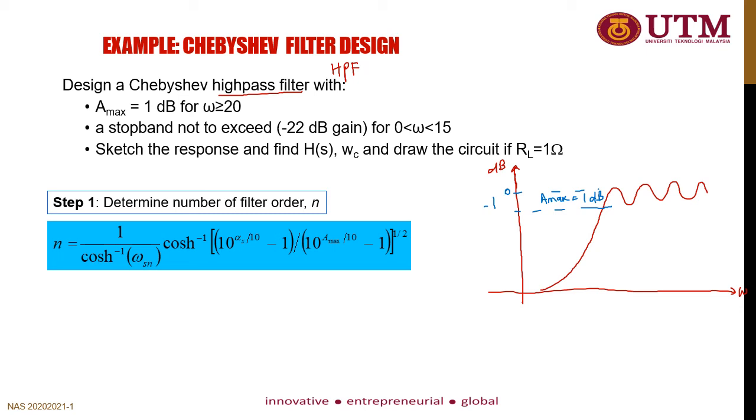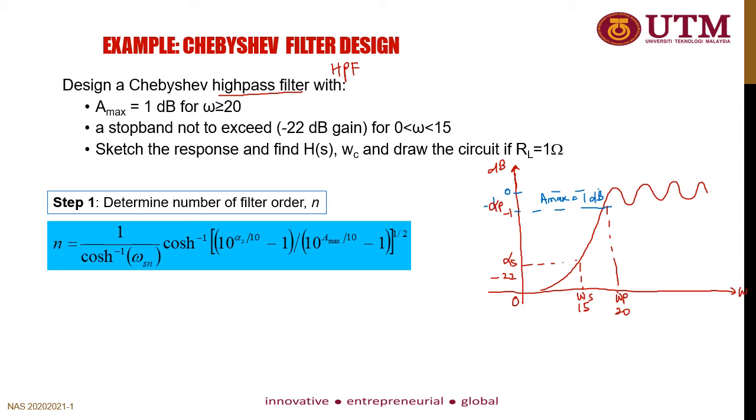So here -1 is your alpha P, the passband gain, and then you have your alpha S equal to -22, and here is your omega S from 0 to 15, while for alpha P, you have your omega P equal to 20.